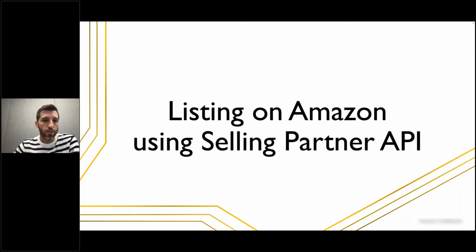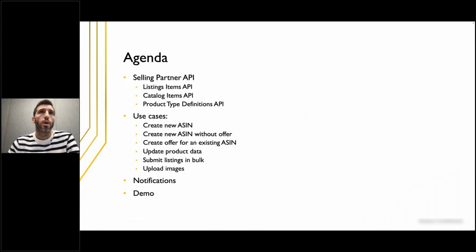So let's start. The agenda for today is starting with an introduction of the Selling Partner API. We will be focusing on three main API sections that we offer for the listings use case. That's the Listings Items API, Catalog Items API, and the Product Type Definitions API.